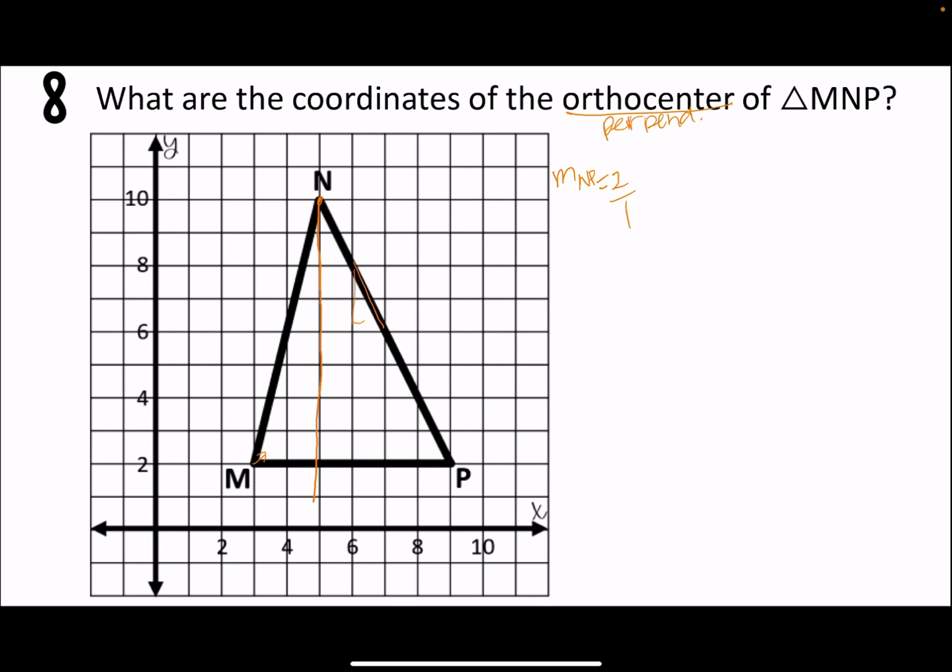That means if I want to make it perpendicular, I'm going to put it down, flip it, and reverse that sign. So my slope is going to have to be a negative 1 over 2. Oops, sorry, that was a negative 2 to begin with. So that should be a positive. And then we can do up 1, rise, up 1 over 2.